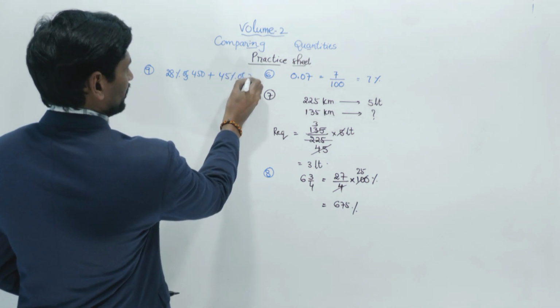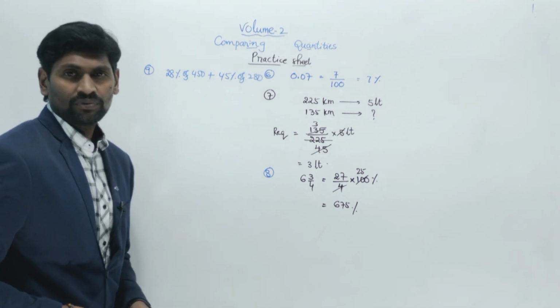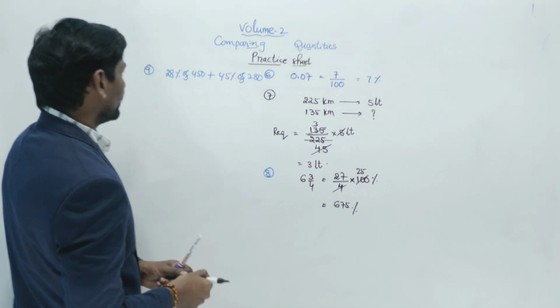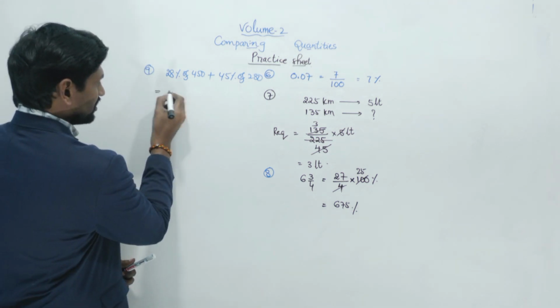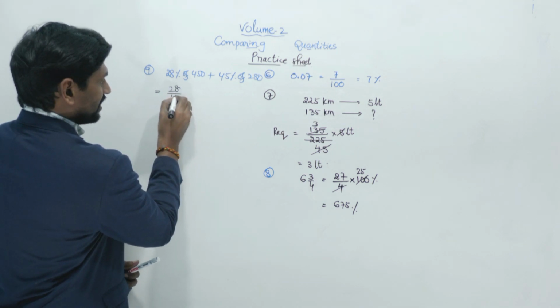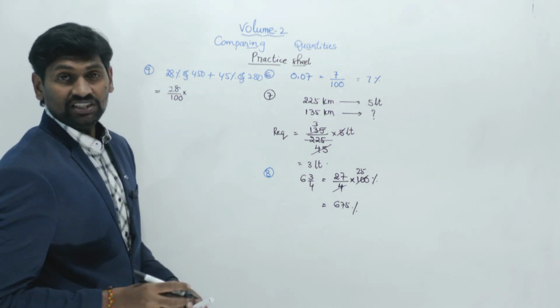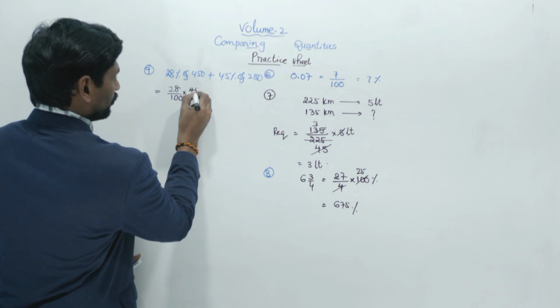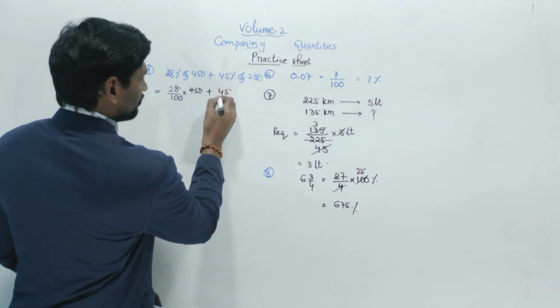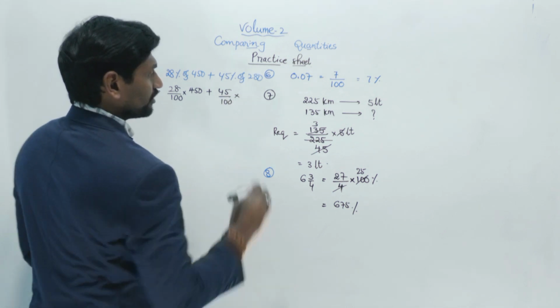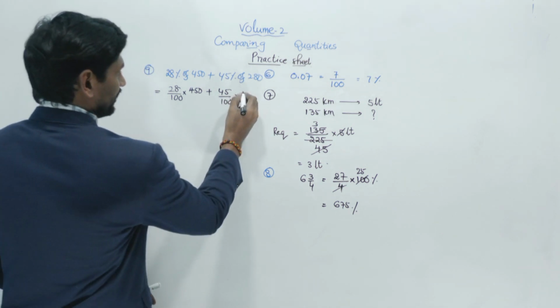Now I am just converting 28% into fractional form. 28% means 28 by 100. Of means multiplication, so it is 450. In the same way, 45% means 45 by 100 into 280.